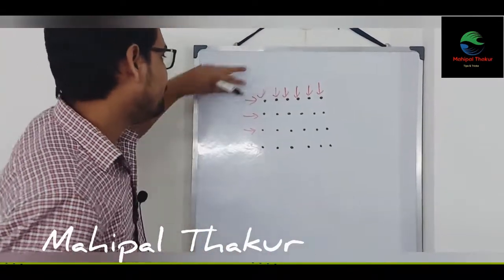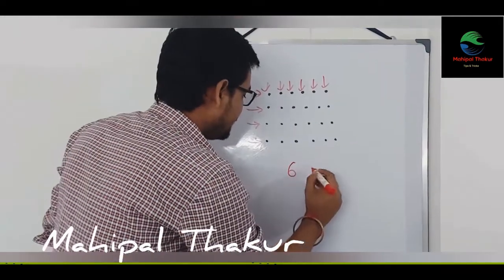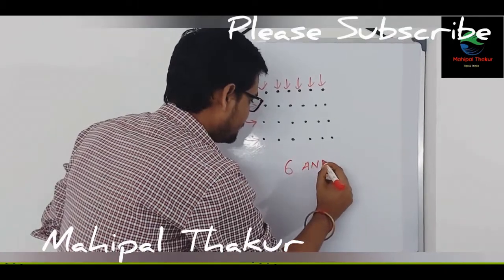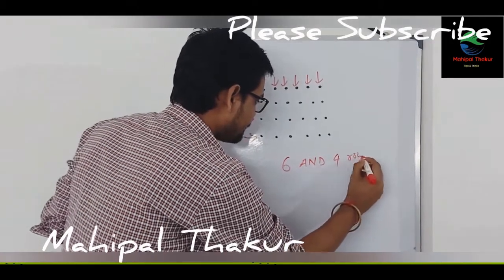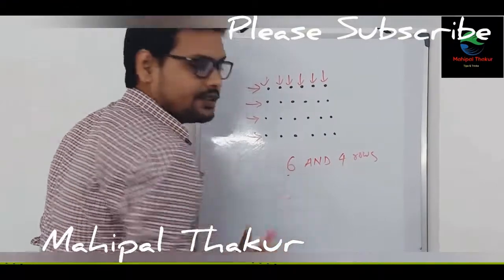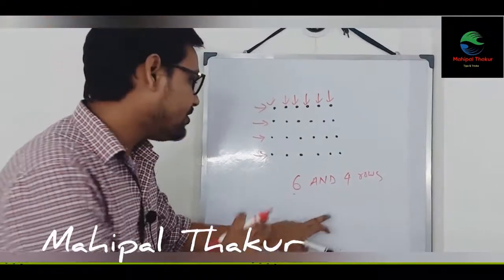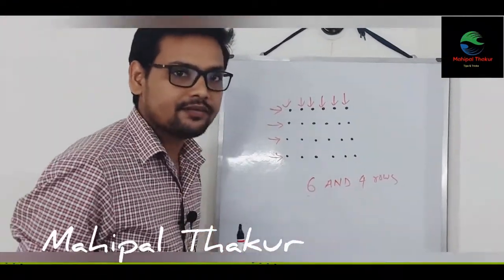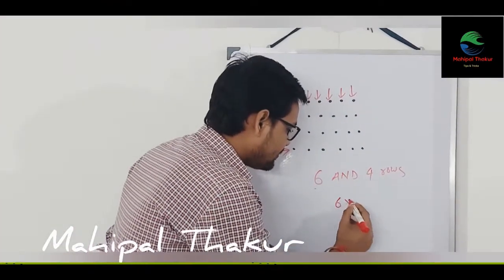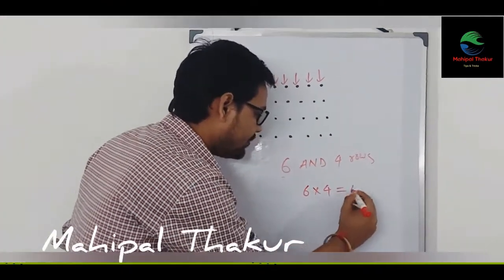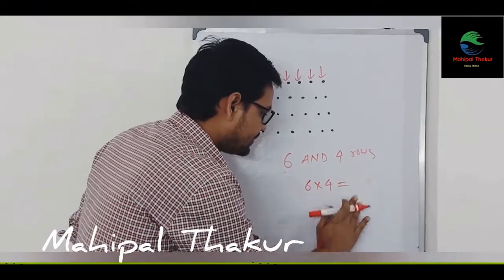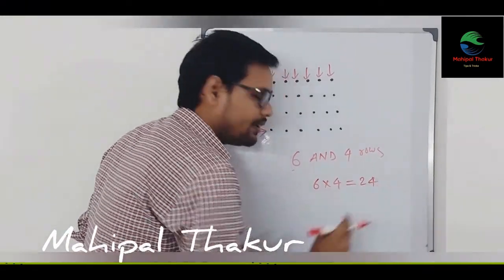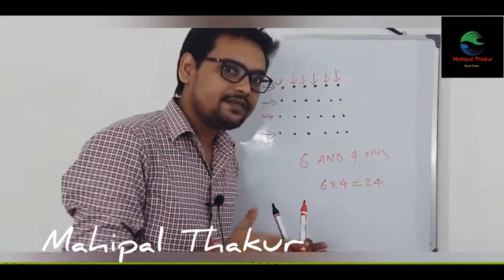Because it is AND, the number of circles will be 6 multiplied by 4, 24 in all. Don't forget these basic rules.